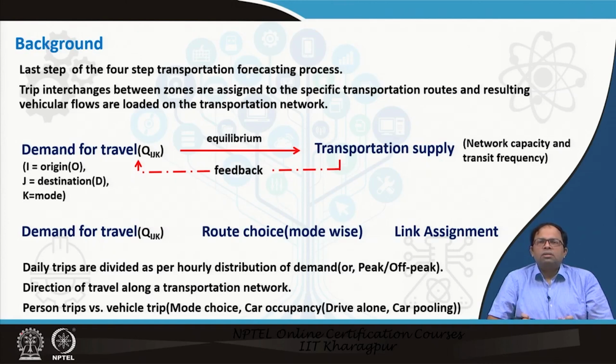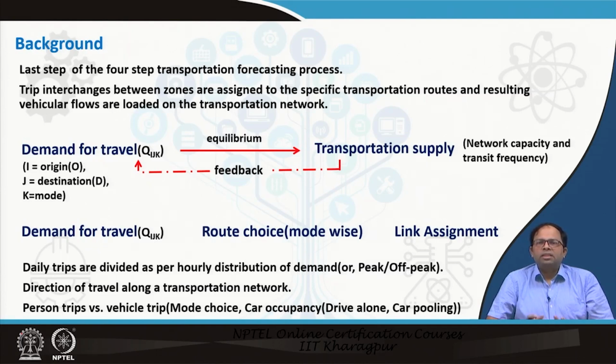Because a route is composed of many links. So when we look into this trip assignment process, first, daily trips are divided hourly, and they could also be divided based on peak and off-peak hours.